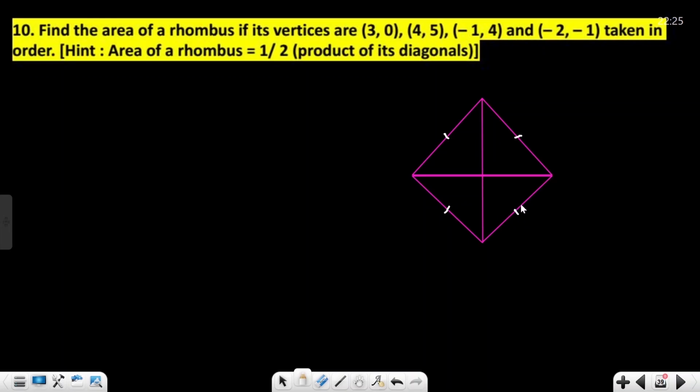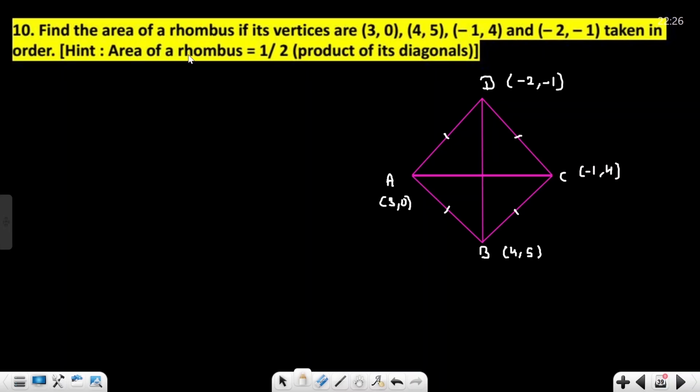If its vertices are given, suppose vertices A, B, C and D. So the vertices are what? A vertex is 3, 0, B vertex is 4, 5, C vertex is minus 1, 4 and D vertex is minus 2, minus 1. Find the area of the rhombus if the vertices are given.